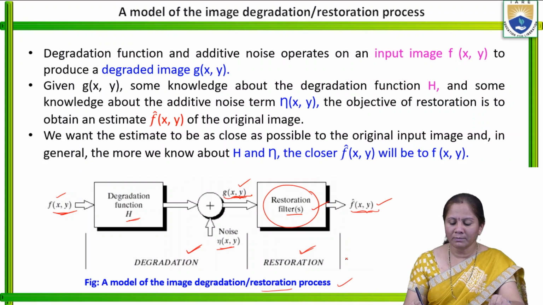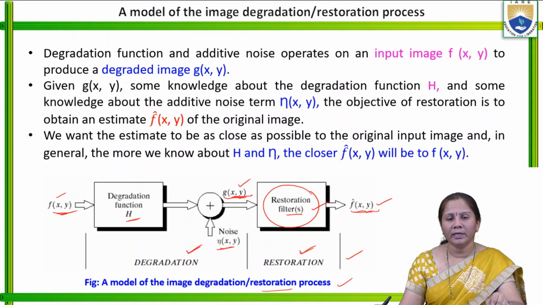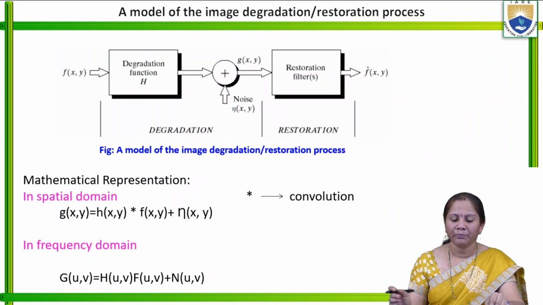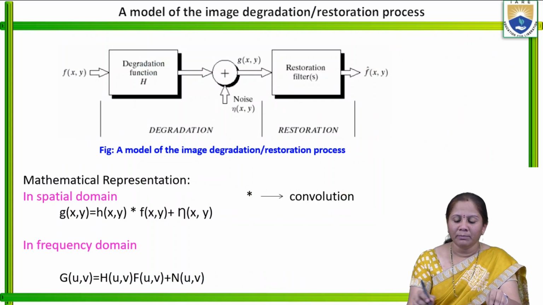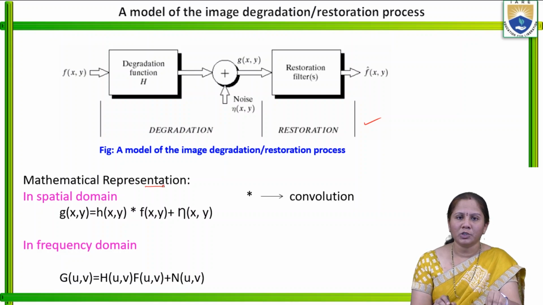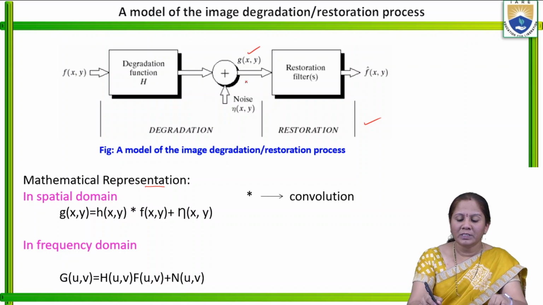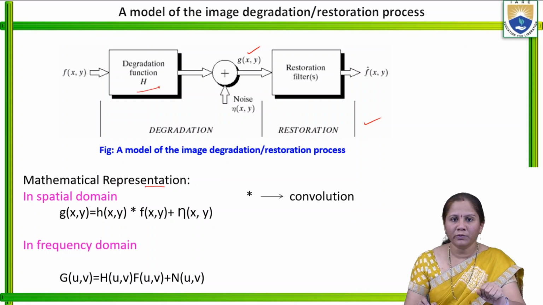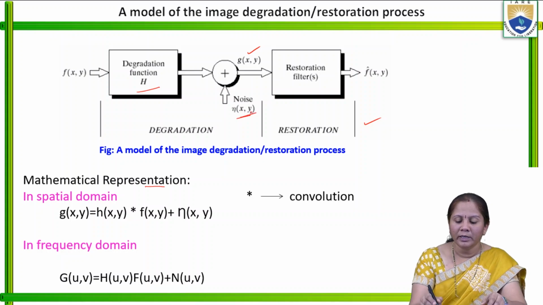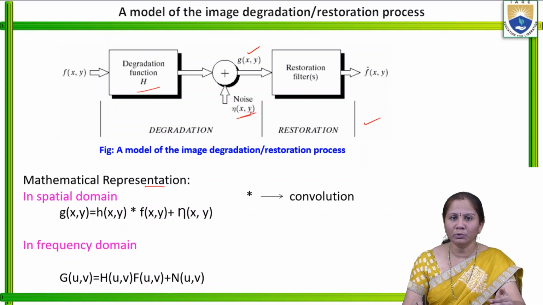Let us see some small mathematical analysis related to the image degradation and restoration process. Considering the same figure, here is the mathematical representation of the degraded image. The degraded image g of x comma y is the degradation function multiplied with the input image f of x comma y, and in addition we also have some additive noise.